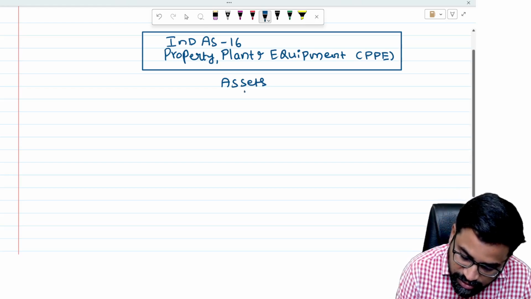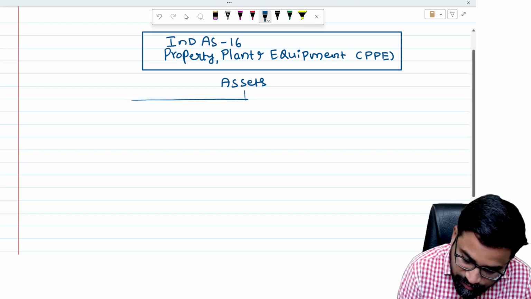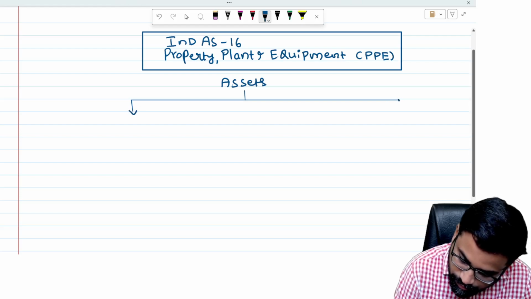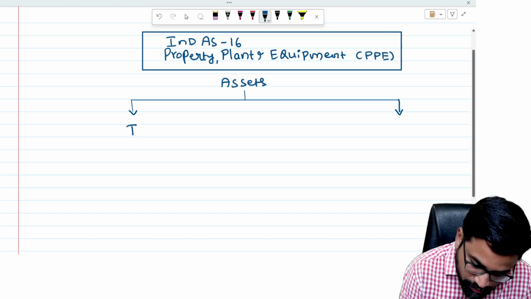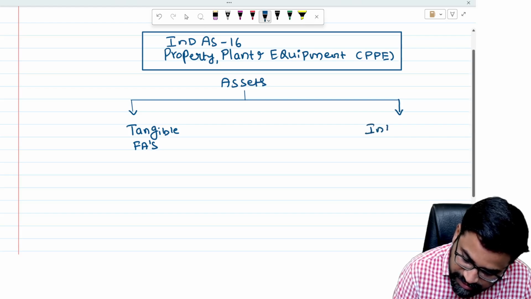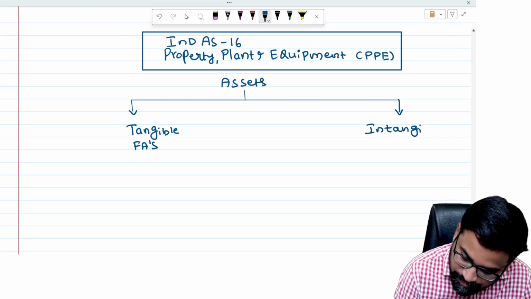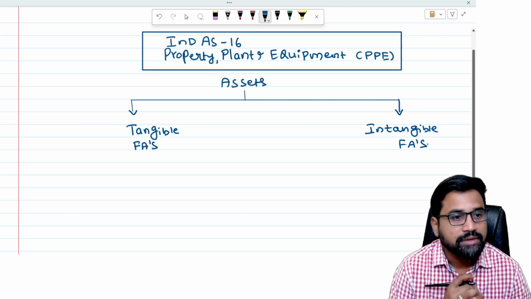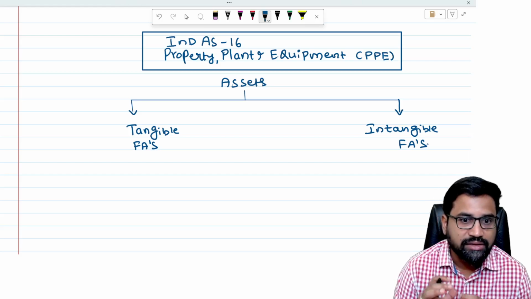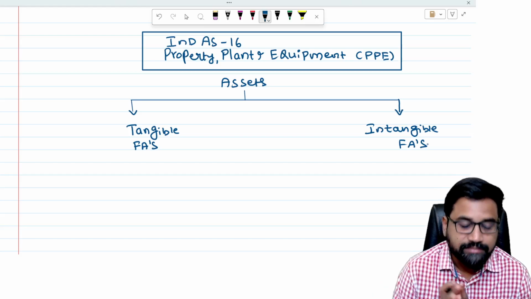Now basically these assets we will classify into two types: tangible fixed assets and intangible fixed assets. Tangible fixed assets means where the physical substance is main.